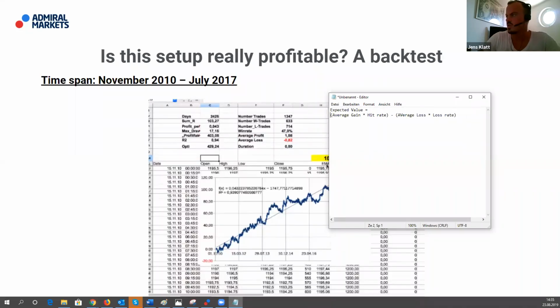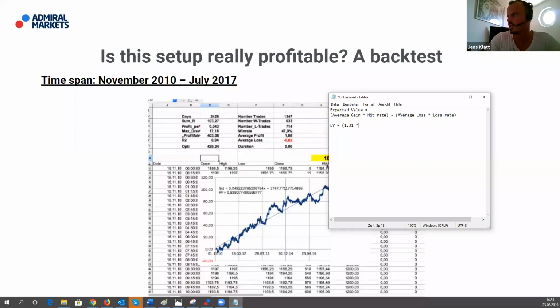So let me do it that way, and I shorten things up here. I make it EV, for expected value. And then we can put in those parameters here. The average gain, which is 1.08 in this chart, and the average loss I norm to 1, which means I have to divide 1.08 by 0.82.